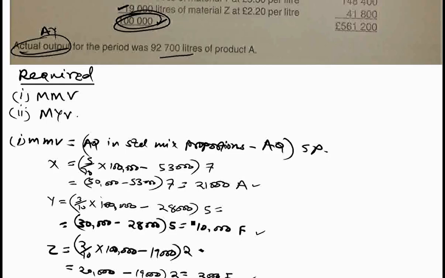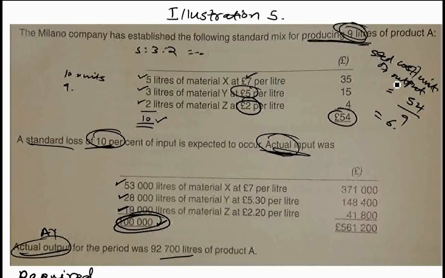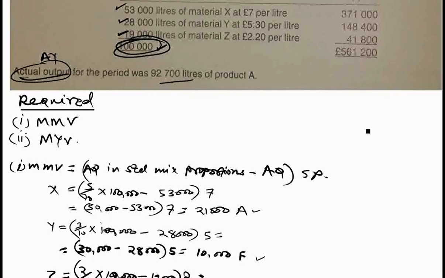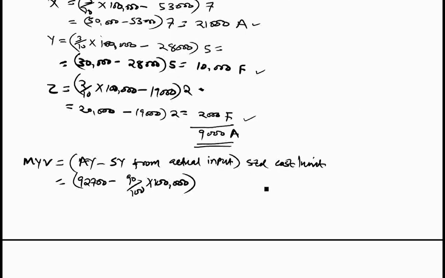We've already calculated earlier that the standard cost per unit is the cost for producing 9 units, 54, divided by those 9 units, which gave us 6. So times 6. That is 92,700 minus 90,000, into 6. So that is 2,700 times 6.